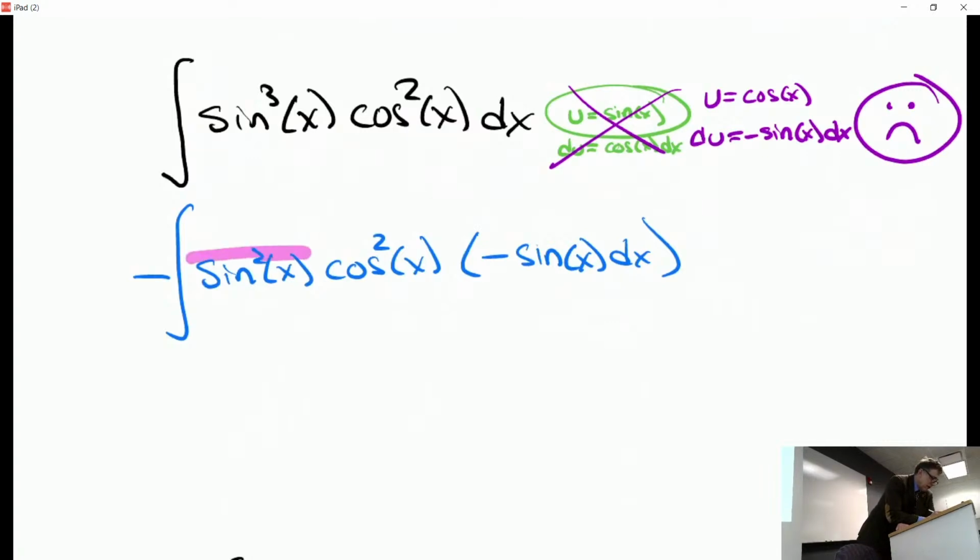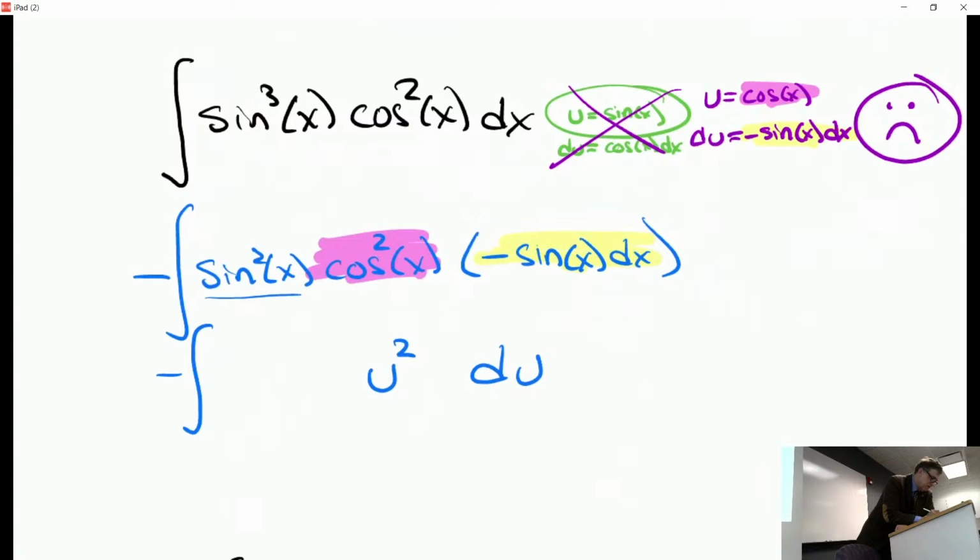I have cosine squared. I can make that into u squared, can't I? U squared. I have this negative sine of x dx. I'm going to turn that into du. I'm good so far.